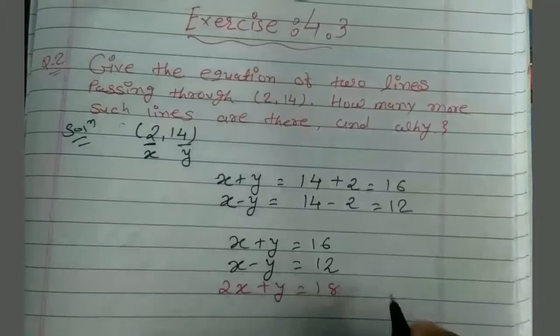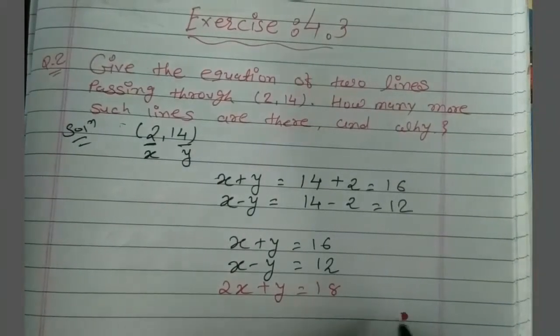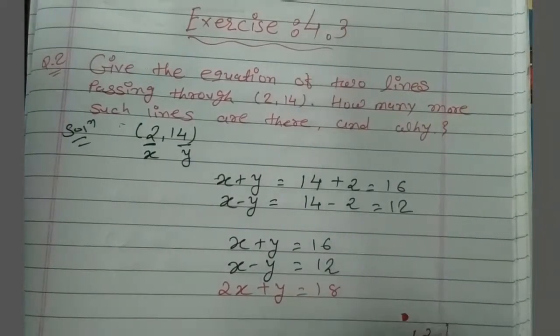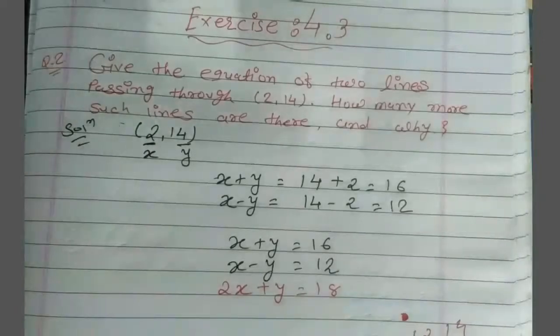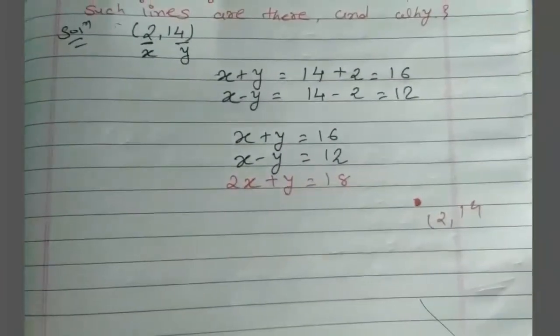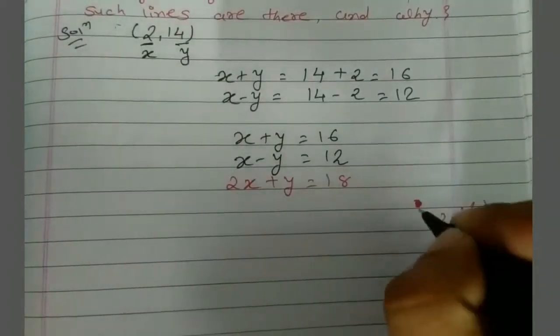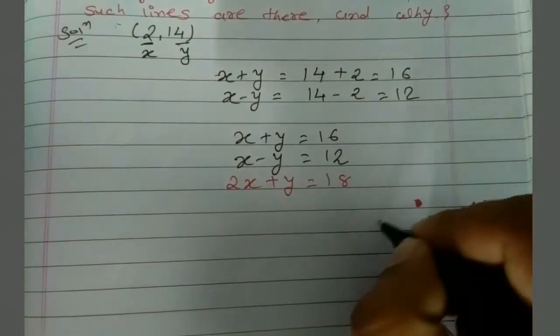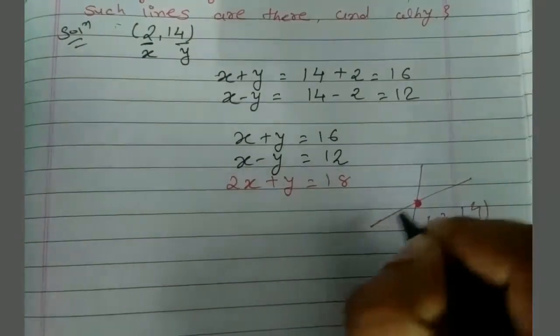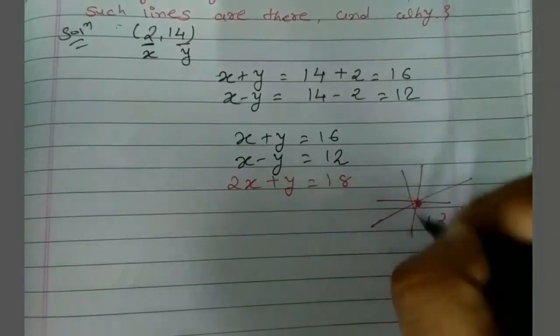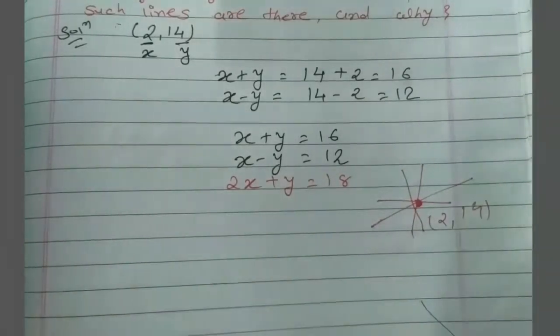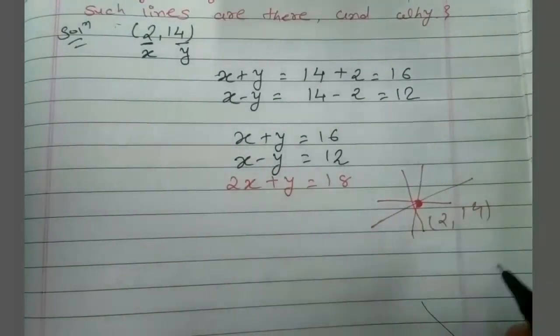So suppose this is our coordinate 2 and 14. So there are actually thousands of lines that can pass. Okay, we can say that infinite lines can pass through our coordinates.